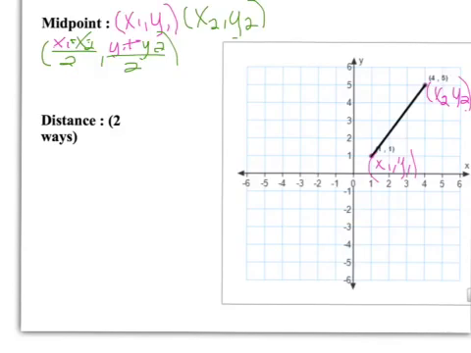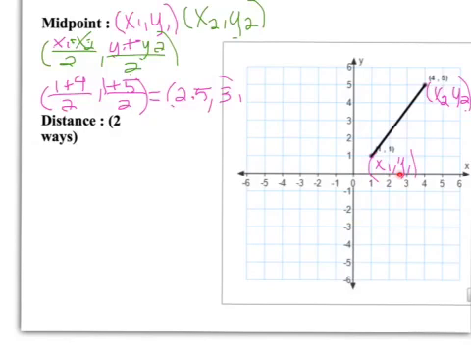Here we would just do 1 plus 4 divided by 2 and 1 plus 5 divided by 2. So 5 divided by 2 gives us 2.5, and 6 divided by 2 gives us 3. So we go over about 2.5 and up 3, so you can see that our midpoint is approximately here.